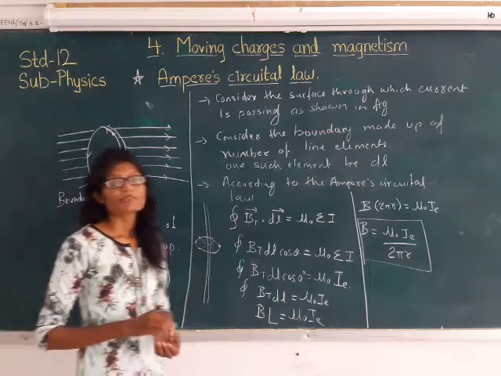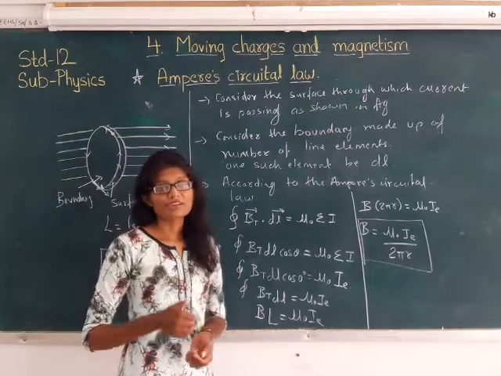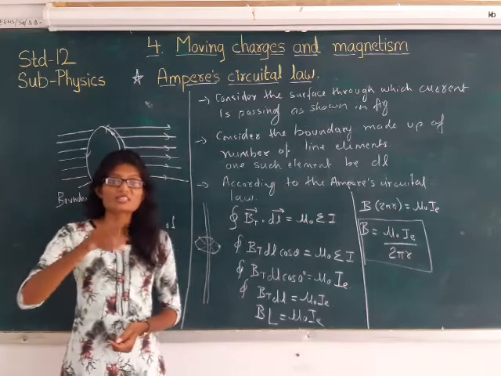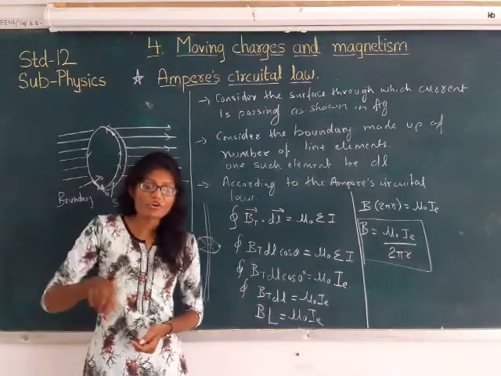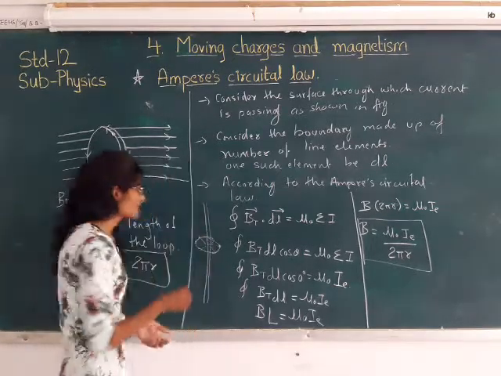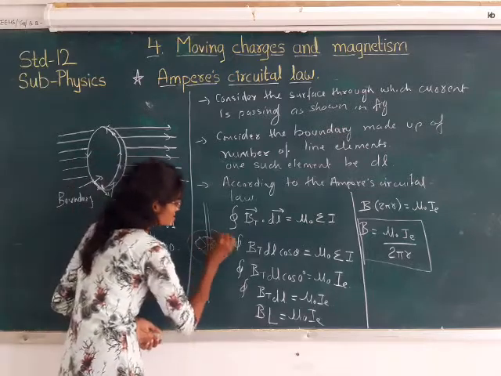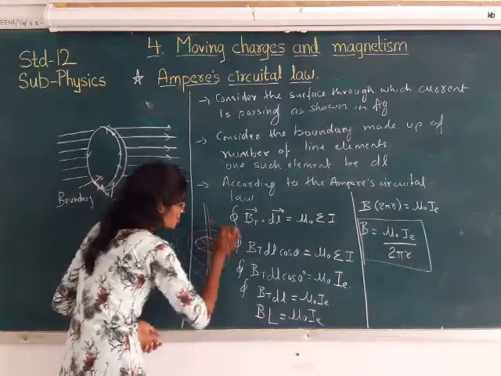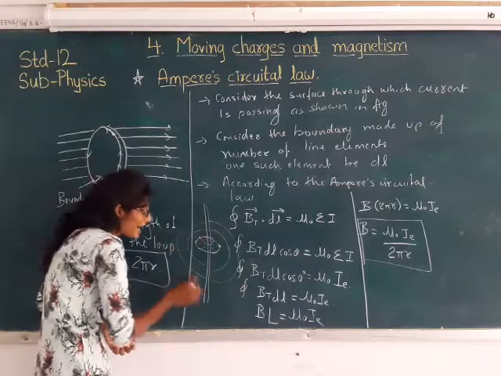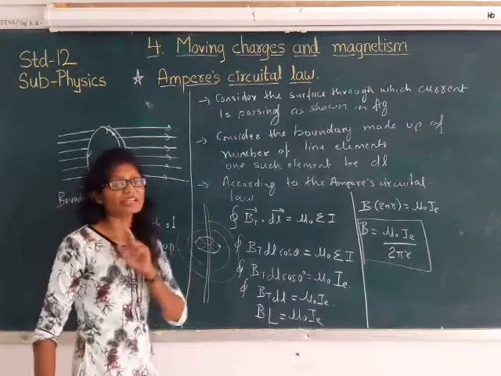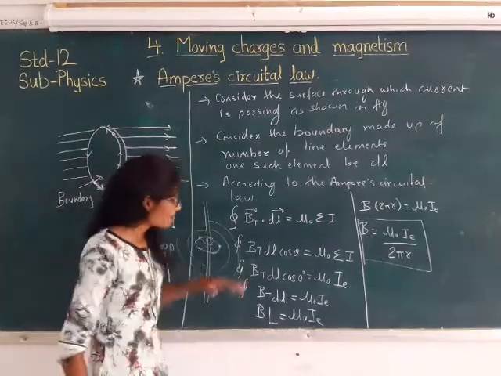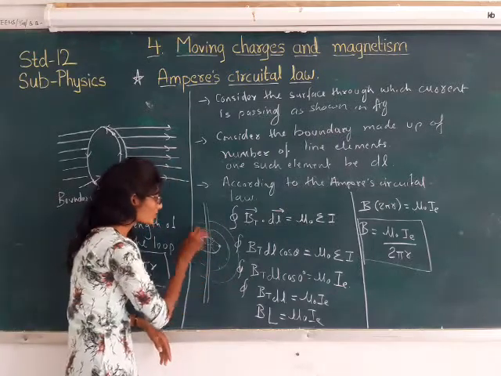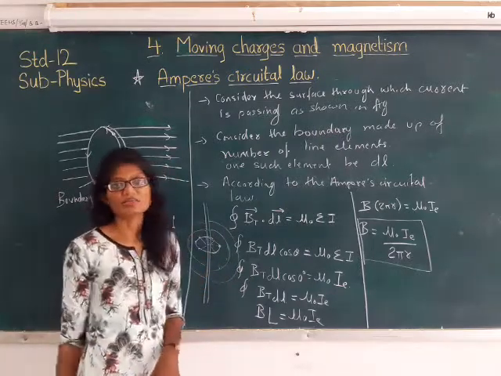That is why in the Oersted experiment, when we take the wire and sprinkle iron filings, they form concentric circles. That is, the magnetic field lines are formed in circular loops, and through a single circle the magnetic field value remains the same. If we consider this circle, then throughout this circle the value of the magnetic field remains the same.